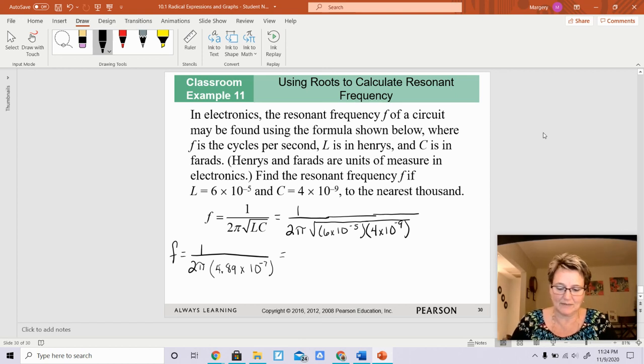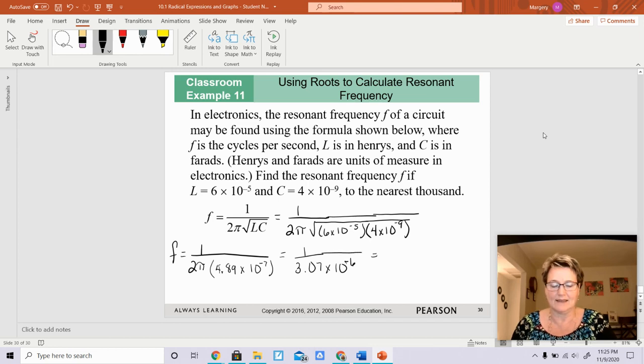So let me try this one more time. Negative 7, 10, oh, that's not it. 10, negative 7, times it by 4.89, times it by 3.14, times it by 2. I guess that's it. So 1 over, real quickly, it's going to be 3.07 times 10 to the negative 6.